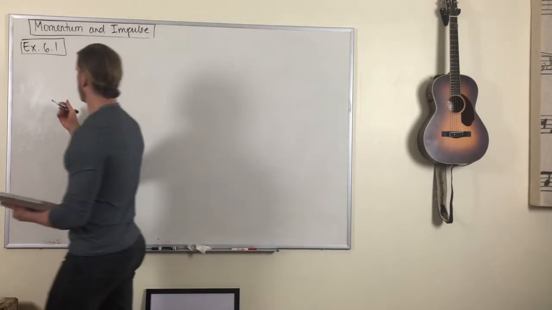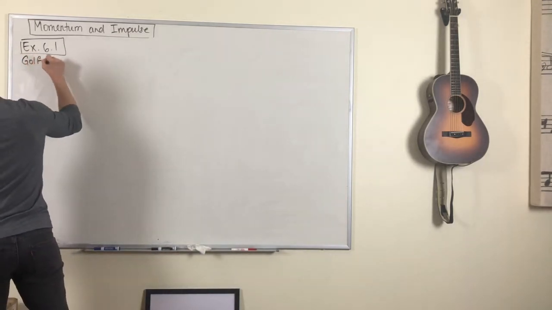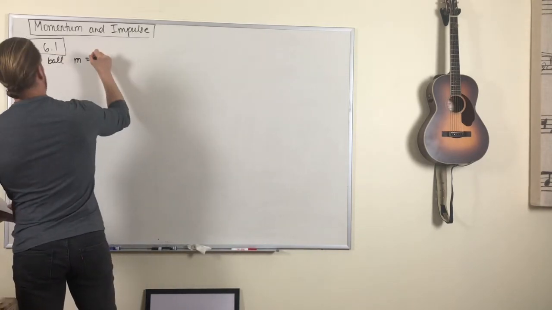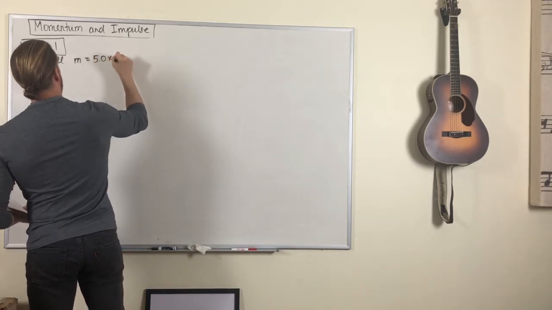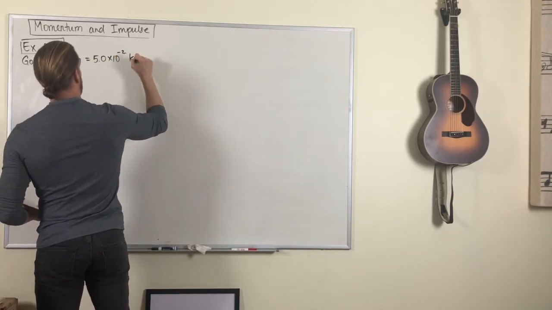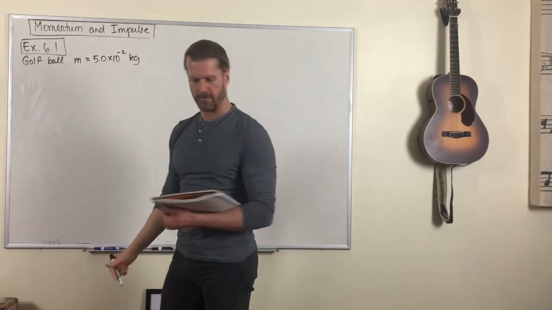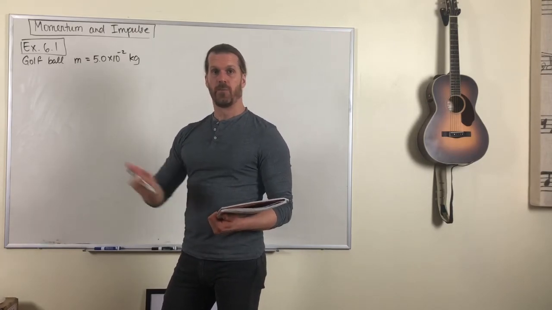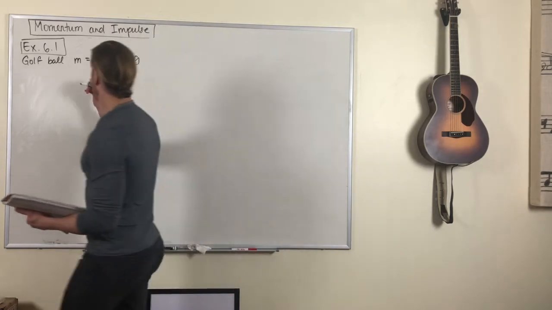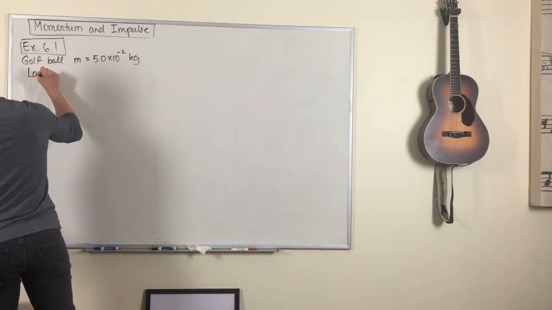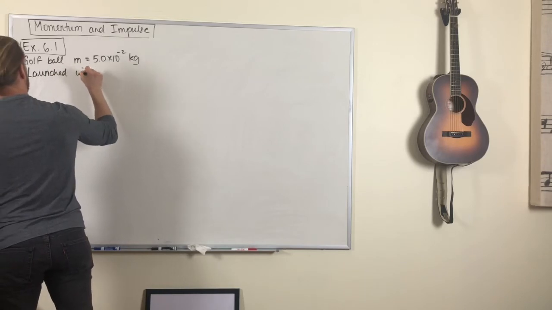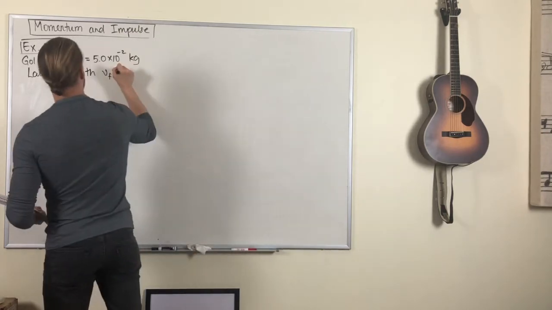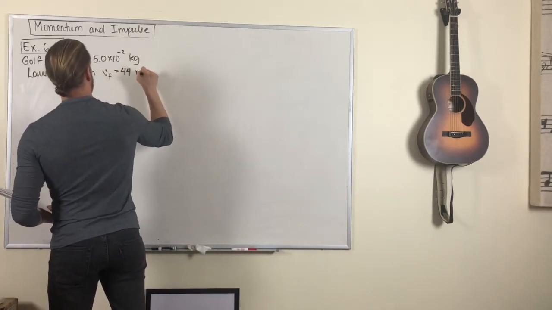Okay, let's say that the golf ball has a mass of 5 times 10 to the minus 2 kilograms. That's 50 grams. And you hit it with a golf club, and the ball gets launched at a final speed of 44 meters per second.